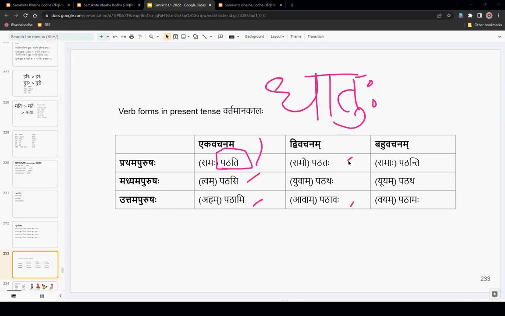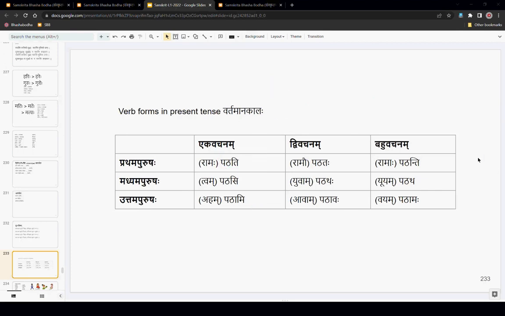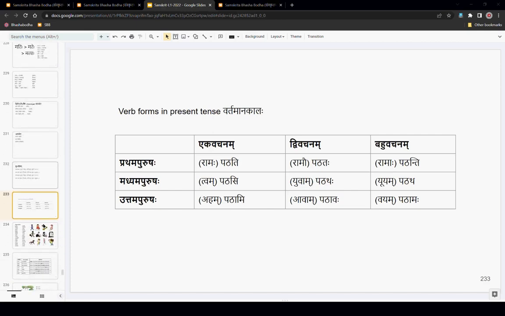Patati, patata, etc. But it has a base word, root word, called Dhatuhu. This is not important right now, but you might hear somewhere what is Dhatu. So just keep in mind Dhatu, Pratipadikam. Dhatu is the base word for the Kriyapadam and the Pratipadikam is the base word for Namapadam.